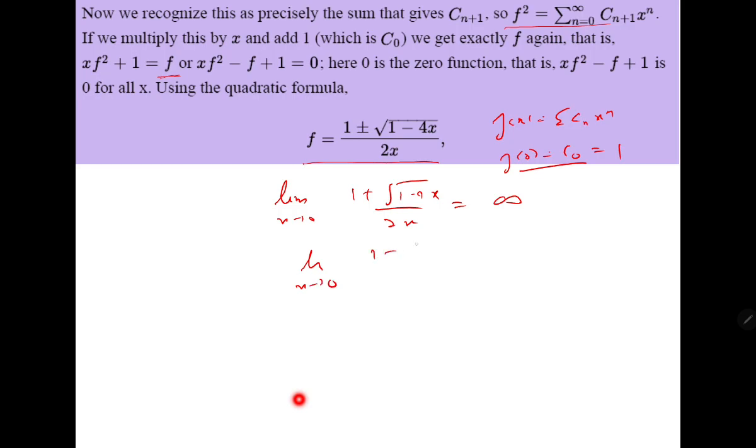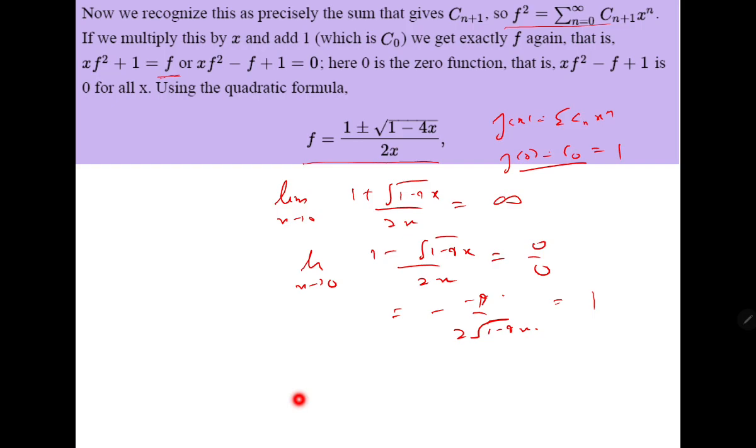But if I take 1 minus, then it becomes 0 by 0 form. So I need to differentiate it. If I differentiate it, by applying the L'Hopital rule, it turns out to be a finite term, in fact 1.